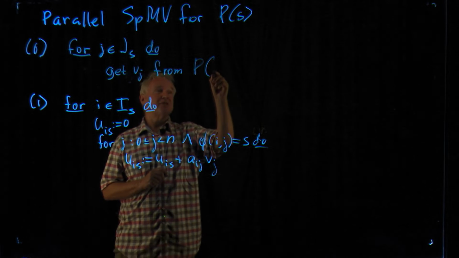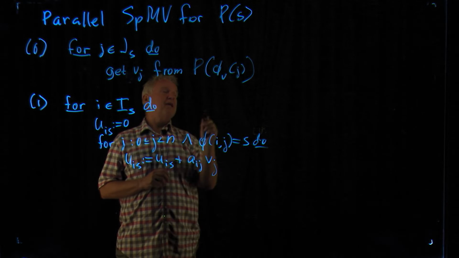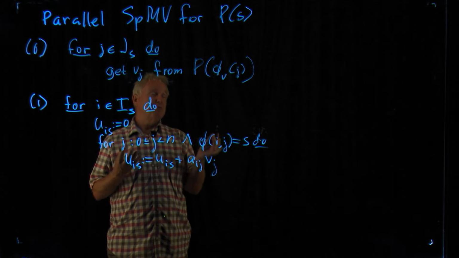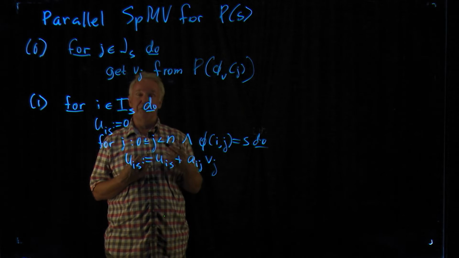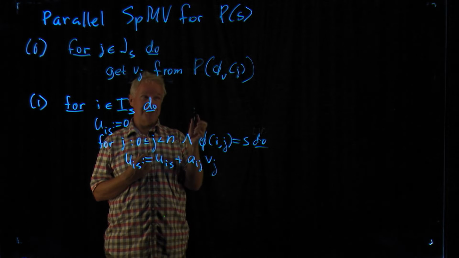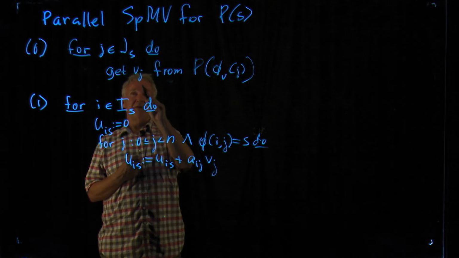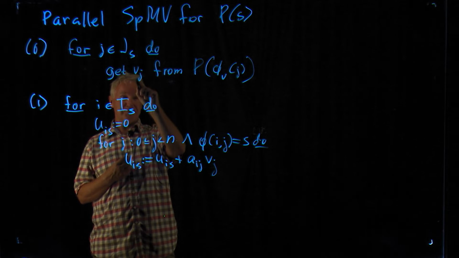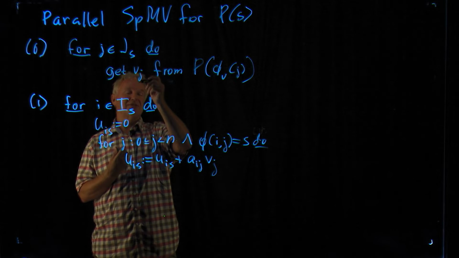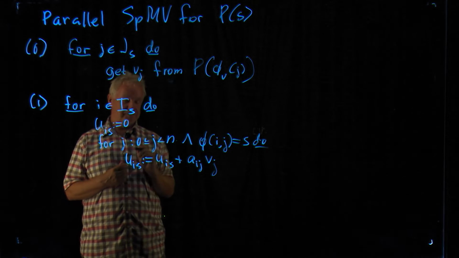That's another processor, and the owner is given by the mapping phi v. We can get this by sending a request to that processor, or if we have the address already, then we can get it directly from that processor. But in any case, the fact that I need it is known at the receiving processor. I need it, so I need to get it. So this is not a put, but a get.